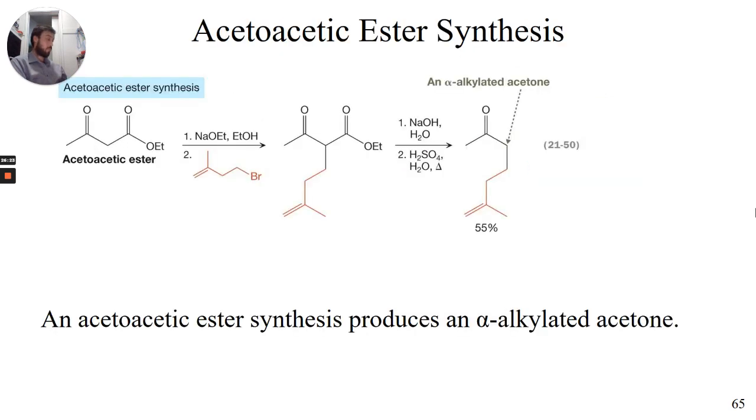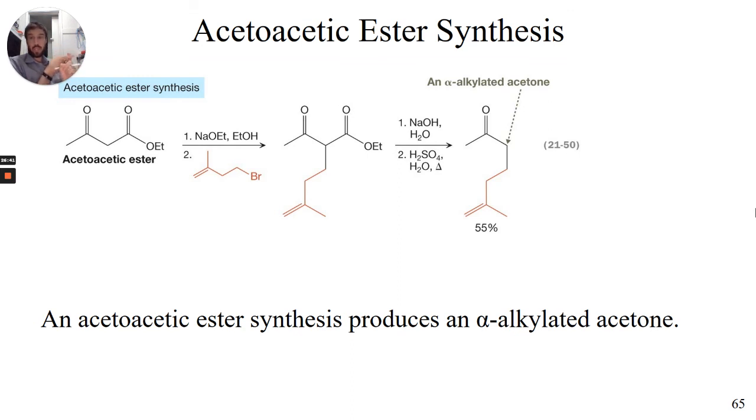Okay. If we look specifically at the acetoacetic ester synthesis, we're starting with acetoacetic ester, and that's what drives it. The first step is typically a base to make a nucleophile so that you can do a reaction with an electrophile.